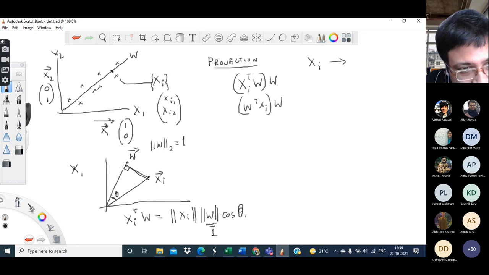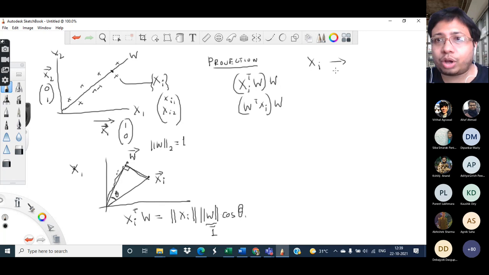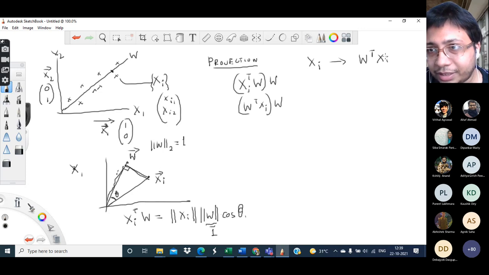Then this length times W, where W is the unit vector in this direction. So after carrying out this operation, what I get is a vector along the direction of W whose length is precisely this much. Initially my observation was xi, a two-dimensional vector. Now it has become W transpose xi times W.